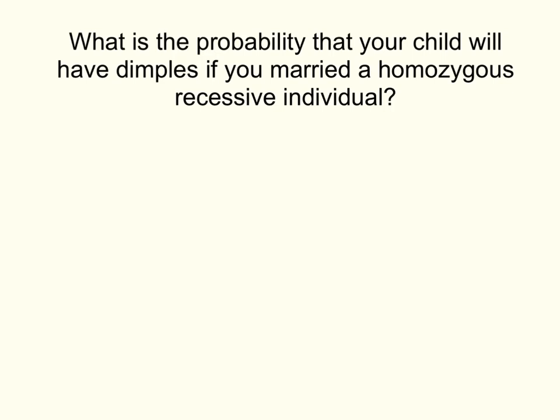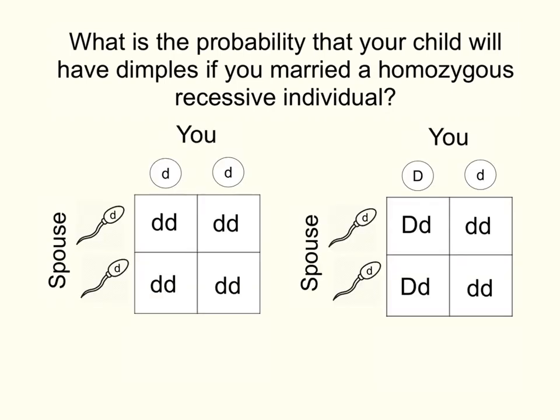What is the probability that your child will have dimples if you marry a homozygous recessive individual? Once again, to answer this question, we'll need to do 2 crosses because we don't know what your genotype is. Go ahead and pause this video to take a minute to do the 2 different crosses, 2 different Punnett squares for possible genotypes. Your crosses should look something like this.